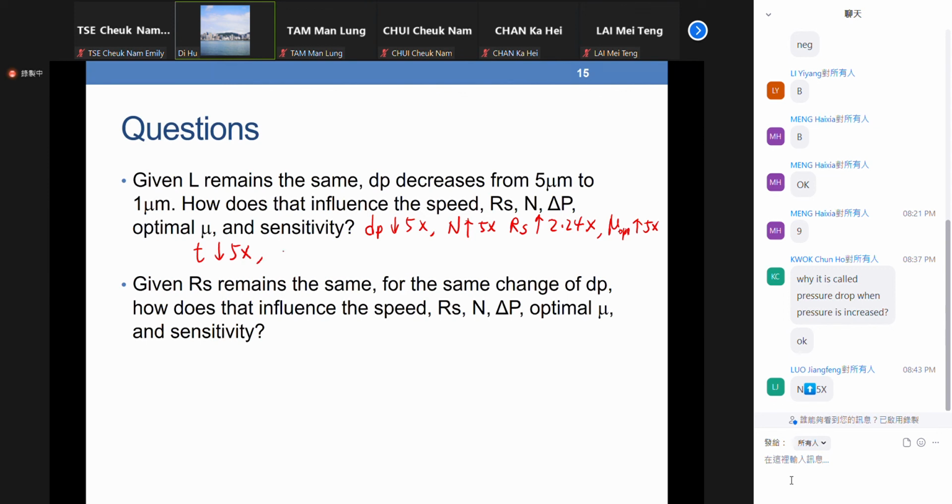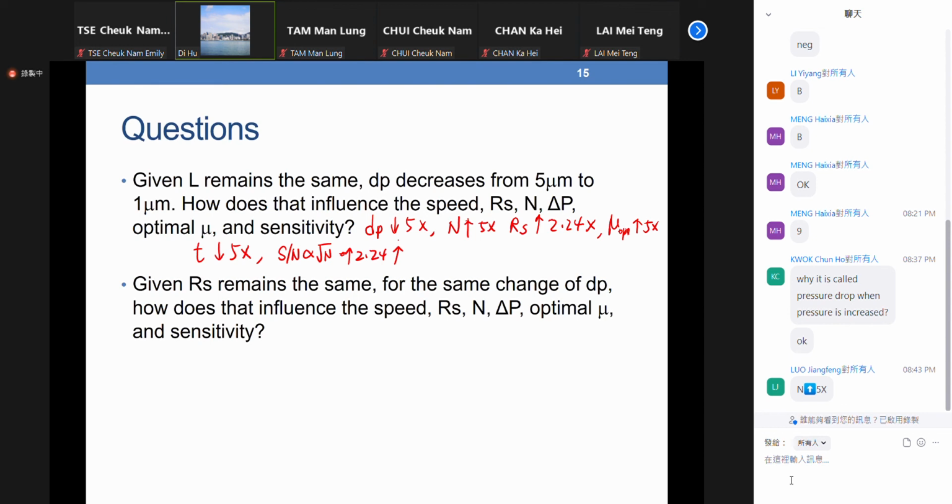How about sensitivity, the signal to noise ratio? We're looking at the height. I wrote it in the signal to noise ratio, the sensitivity. Which is proportional to what? The square root of N. So it will increase by how many times? 2.24 times as well, right?